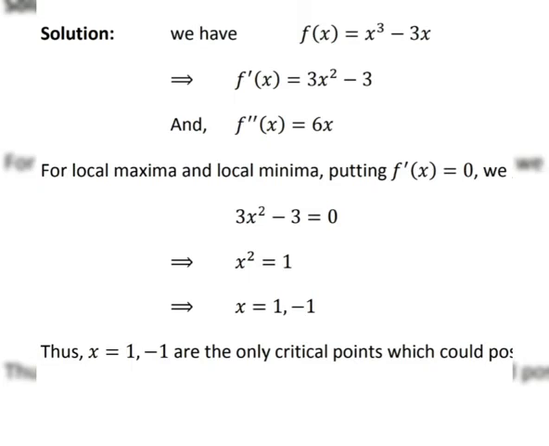That means the slope of those tangents which are parallel to the x-axis is always 0. And when you do that, you'll be getting x equal to 1 or -1, because f prime of x is equal to 0, that is 3x squared minus 3 equal to 0.